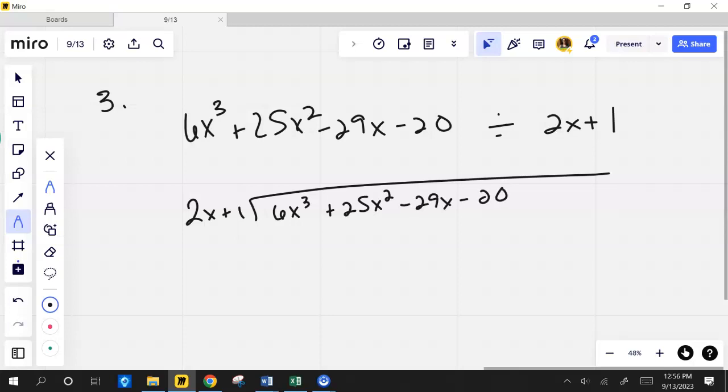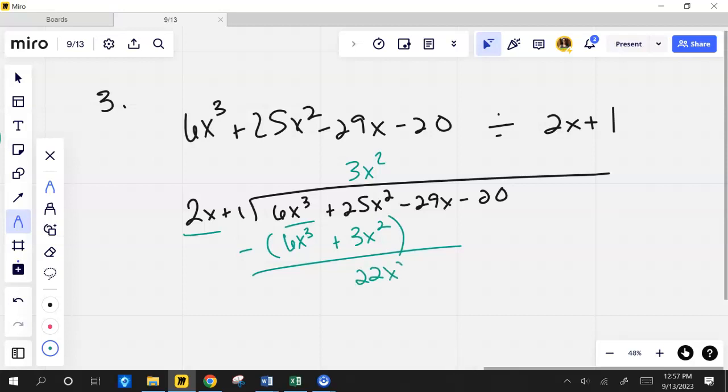What do I need up top first? 3x squared. Multiply it around, 6x cubed plus 3x squared, and subtract. 22x squared. Now what goes up top? 11x.